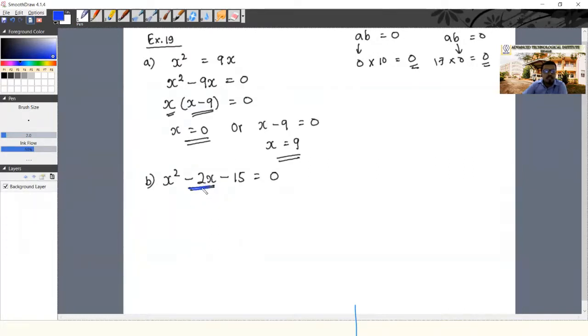How can we split this? We need to find two numbers. We need to determine two numbers. If we add those two numbers, it should equal our b value.